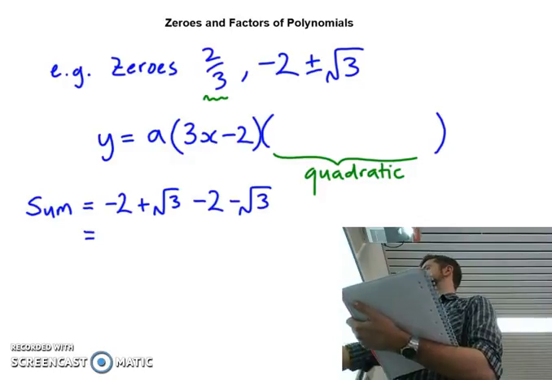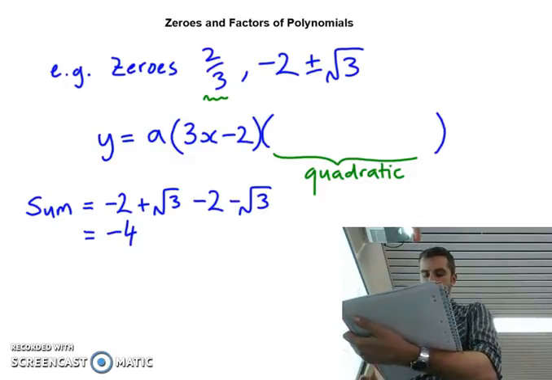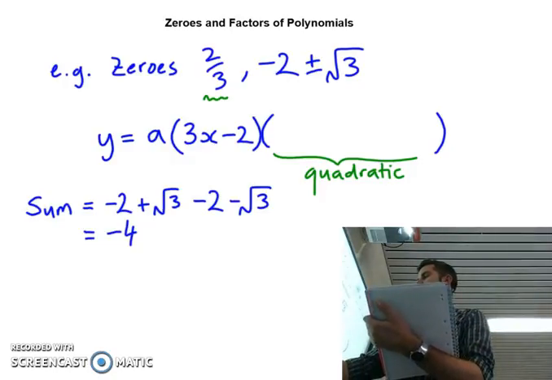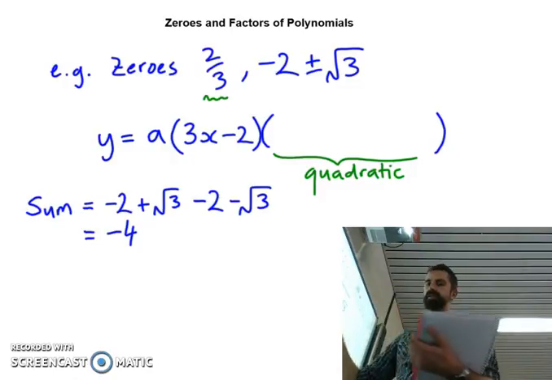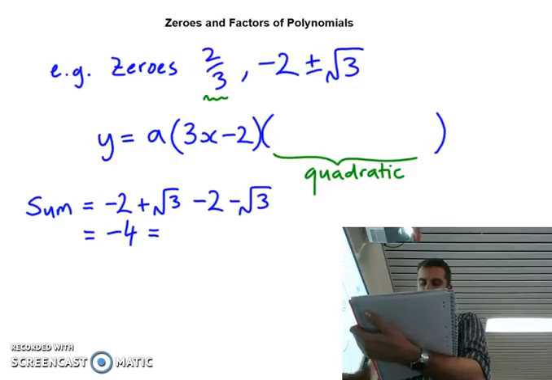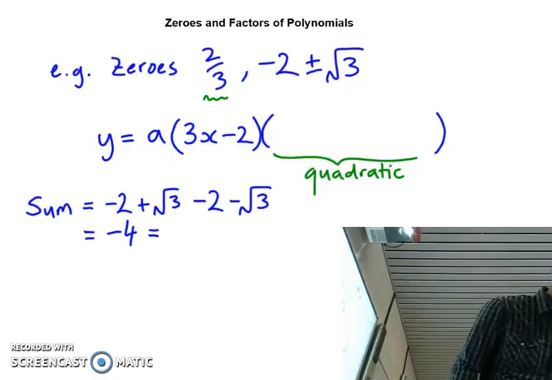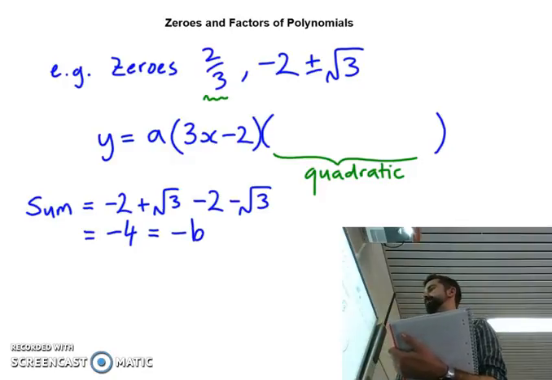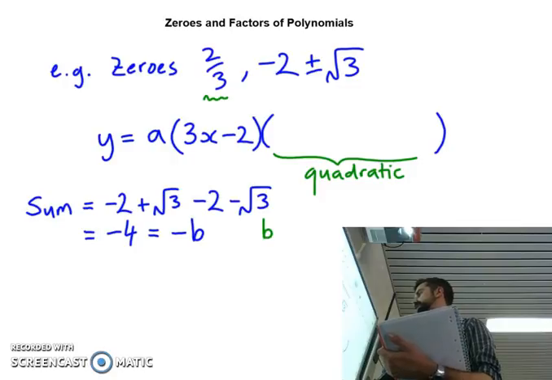The sum is equal to negative 4. And from what we've just learned, if we're trying to find a quadratic with those 2 roots, the sum is going to be equal to negative b. And that tells us that b equals 4.